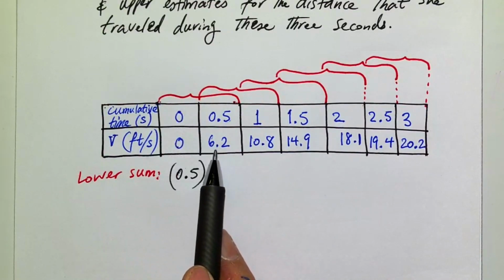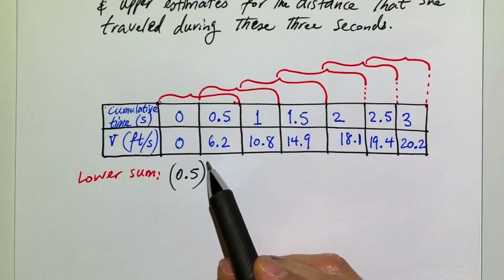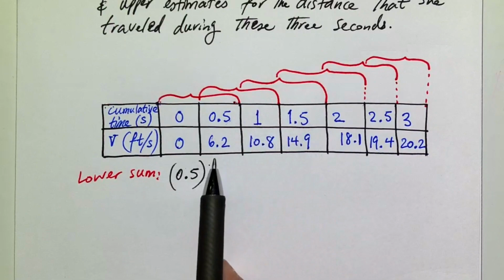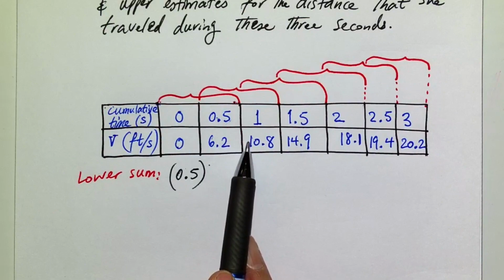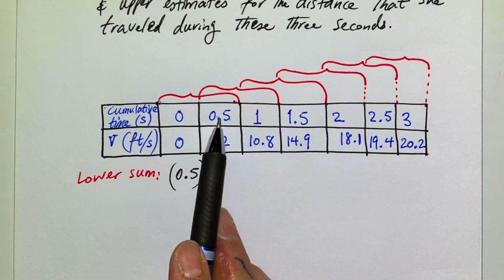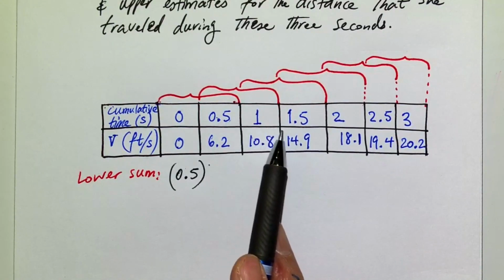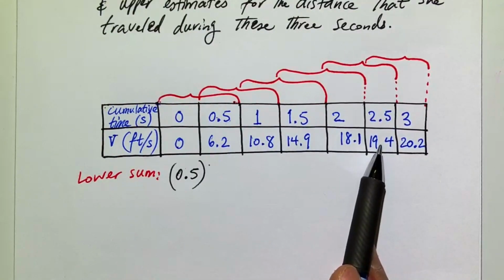And then 0.5 times 10.8, and then 14.9 times 0.5, and then 19.4.